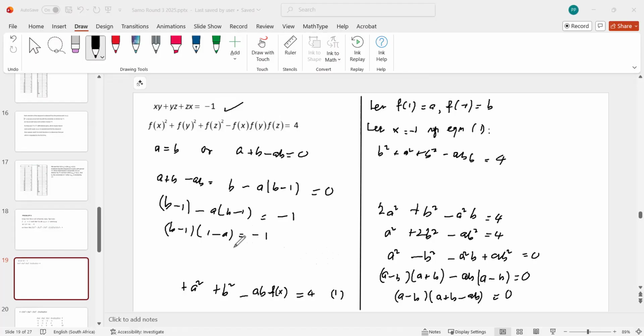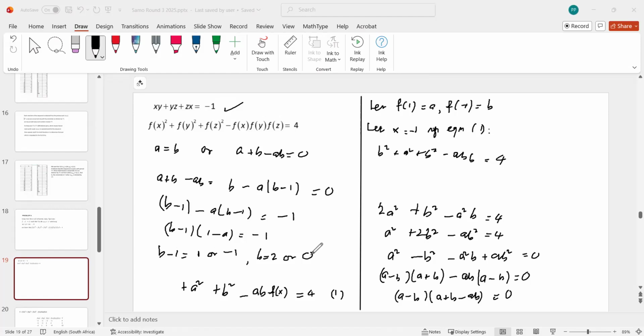And when you got two integers being multiplied to give you negative 1, there's only one possibility. You can have b minus 1 is equal to 1 or minus 1. The factors will have to be either 1 or minus 1. Those are the only factors of negative 1. And this will give you b equals 2 or 0.